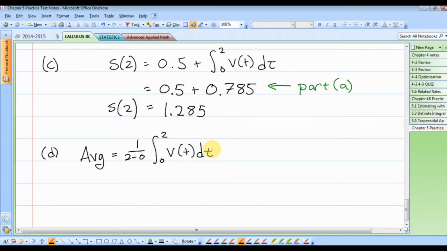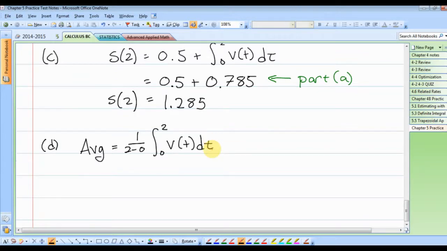Every average is an integral. We've already done that. That's equal to 0.392, 0.393 technically. 0.3925.